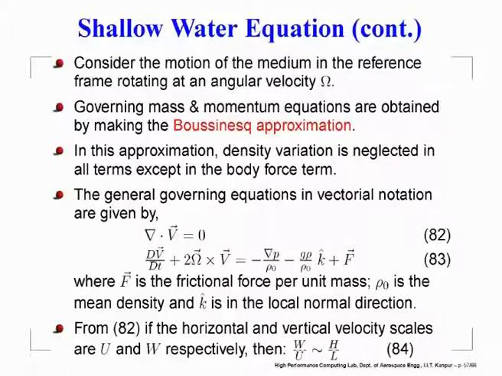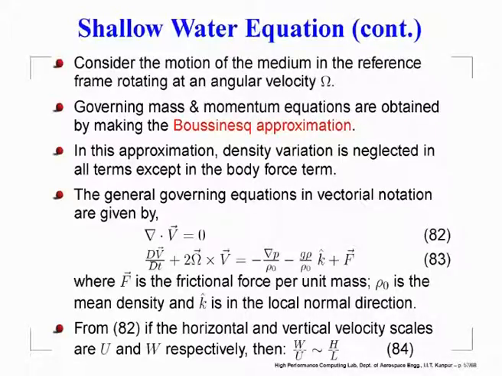To make matters simple, because the temperature excursion that you see in the atmosphere, the weather system, is not very extreme, not very large, on a local time scale the temperature differentials are small. So, we make what is called the Boussinesq approximation.